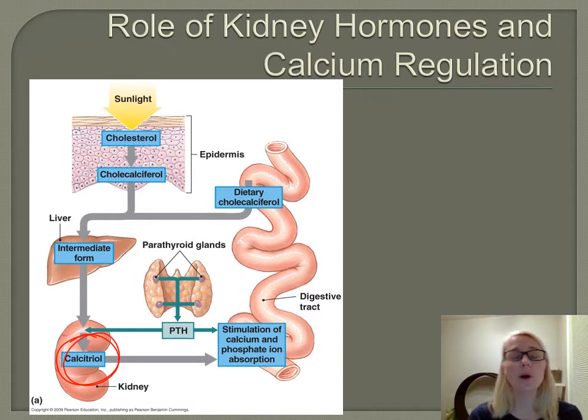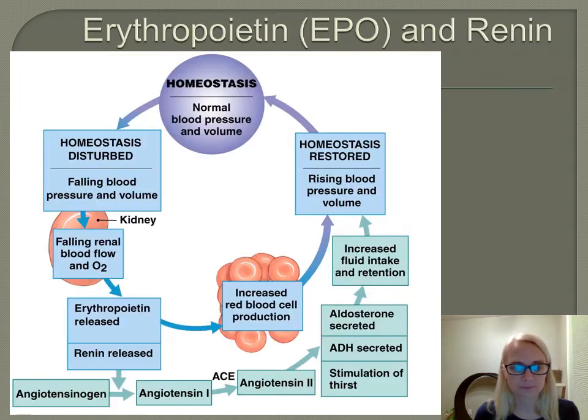If you remember, way back in chapter 5, I think, our integumentary system: sunlight turns cholesterol into cholecalciferol, which is processed by our liver to produce an intermediate form that goes to our kidneys to produce calcitriol. Calcitriol works in concert with PTH to increase the absorption of calcium and phosphate, helping with blood calcium regulation. So those pair up. We've seen that before, so we don't need to spend too much time on it.